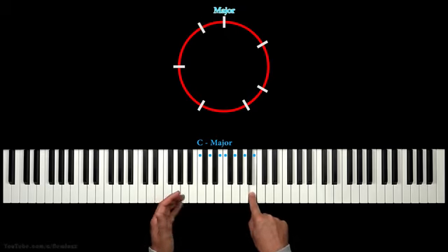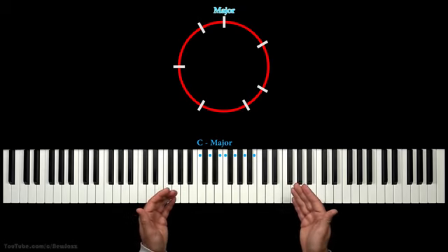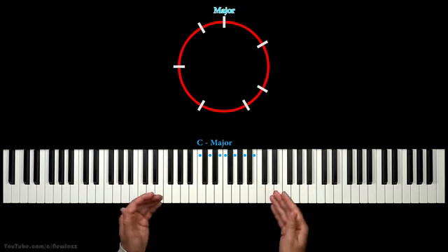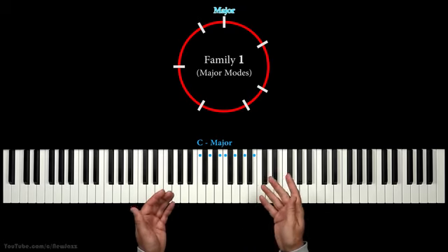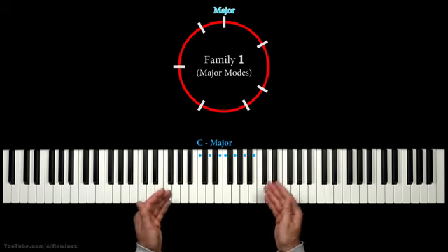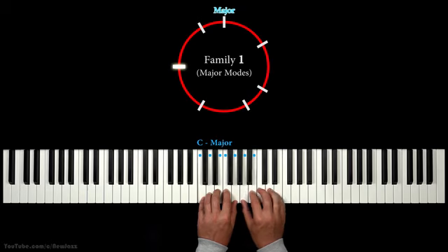Now, all scales in this world can be grouped into families. So the first family I'll introduce to you is Family 1, also called the major modes. The single scale members of this family are derived by playing our major scale in different degrees.